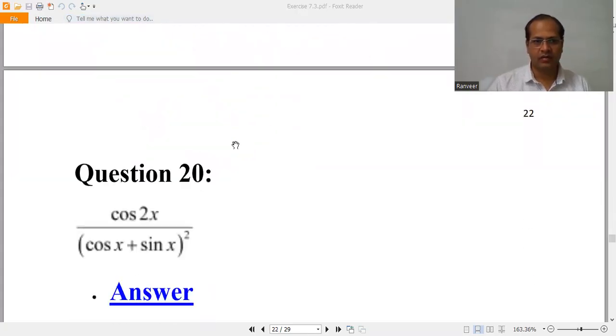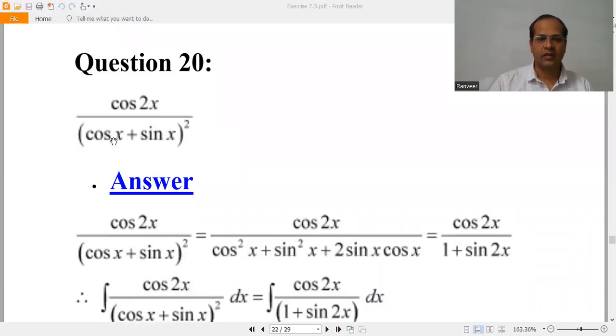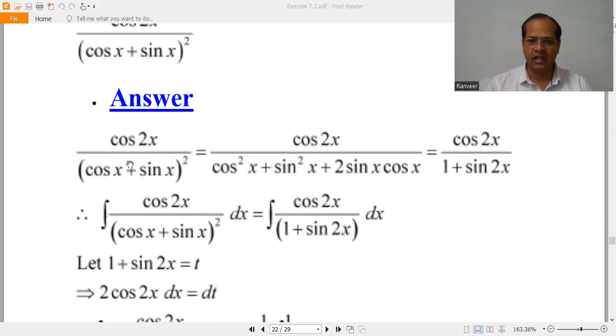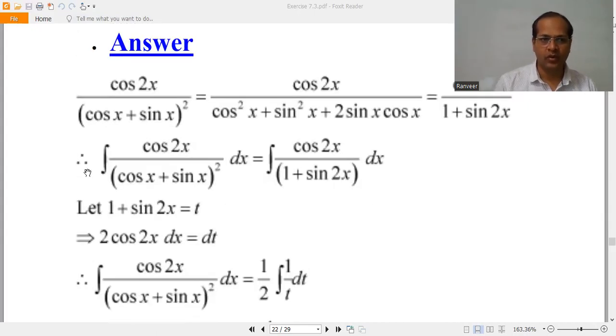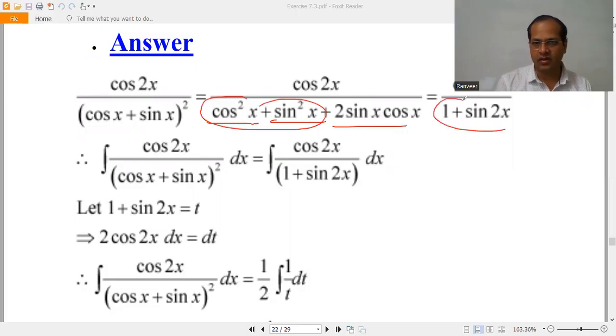Now question number 20, cos 2x by cos x plus sin x whole square. So in the denominator, this is a plus b whole square. First of all, we have to expand the cos square x, sin square x, 2 sin x cos x. This we can write here, this is 1. So 1 plus sin 2x, and this is cos 2x.